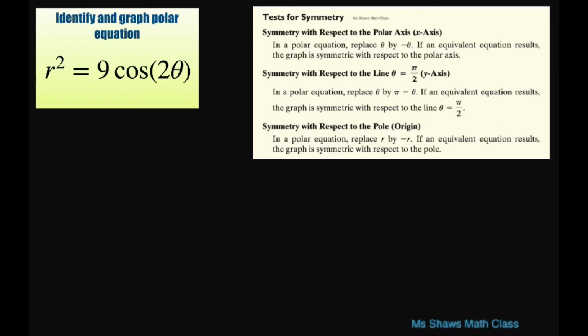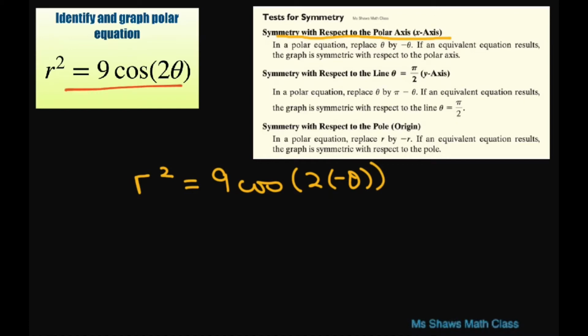So the first test that we're going to do is see if our graph is symmetric with respect to the polar axis, or the x-axis. And that's when you substitute in negative theta for theta and see if you get an equivalent equation to what we have.